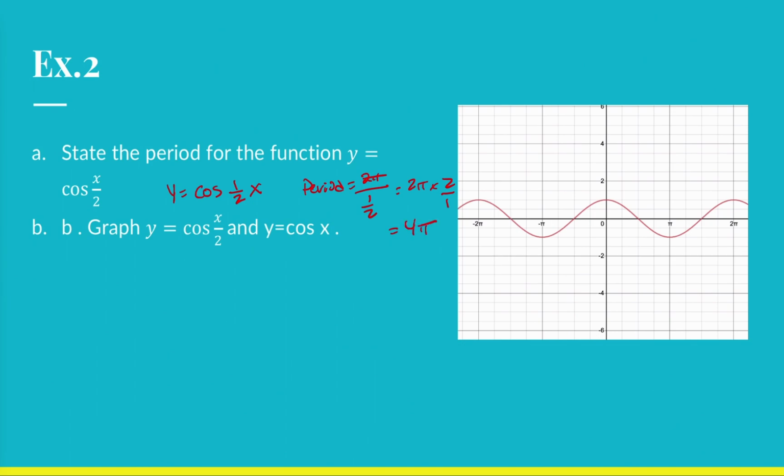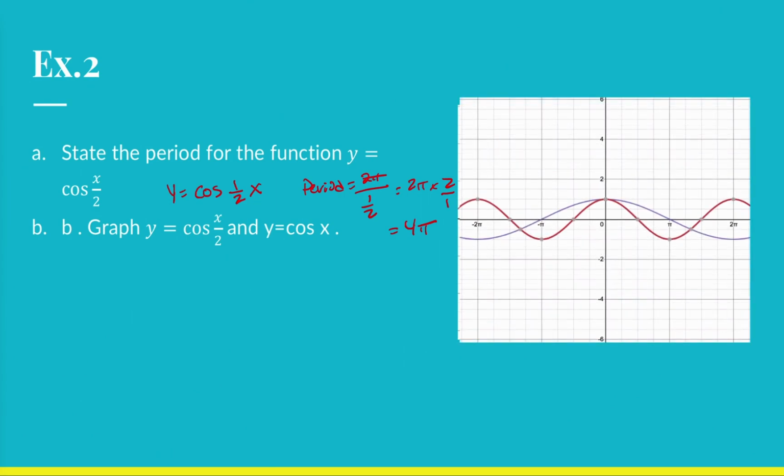So here's the graph of y equals cosine x. And if I was smart, there's the graph of y equals cosine x over 2 in blue, and then in red, this is y equals cosine x.